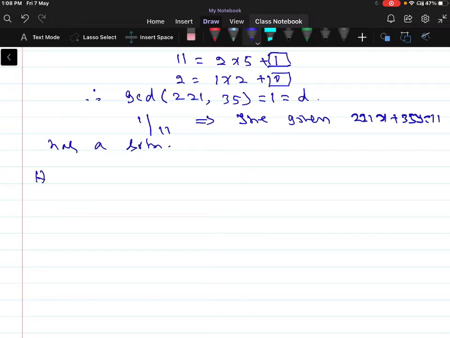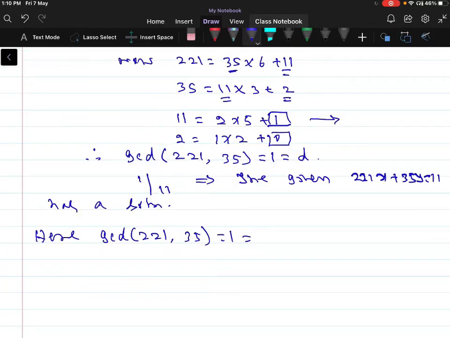Here GCD of the given integers 221 and 35 is equal to 1. So 1 can be written as a linear combination of the two integers 221 and 35. By using the equation 11 is equal to 2 into 5 plus 1, therefore 1 is equal to 11 minus 2 into 5.